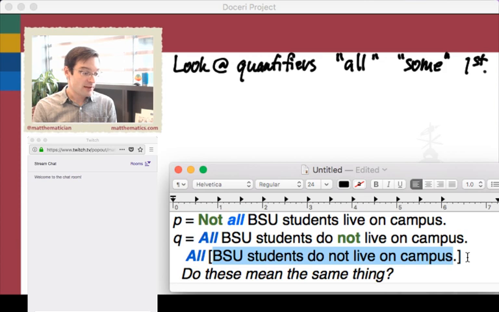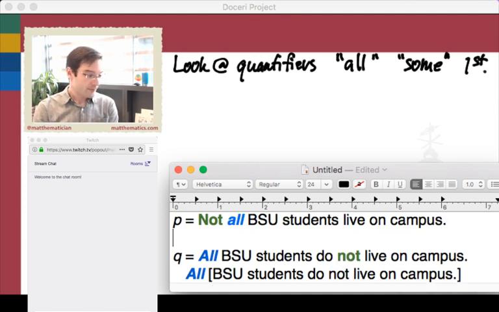All BSU students do not live on campus. So that would have to mean that every BSU student that I ask is a non-resident, right? And so Q ends up being a universal claim because I want to look at the all first. And the thing that we're quantifying happens to be a statement that includes a not, a negation in it. Whereas in P, I'm going to look first again at this all that's sitting in front here. And that all is going to go with the thing that follows it.